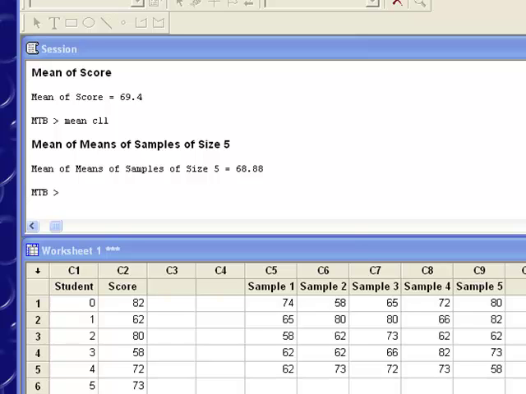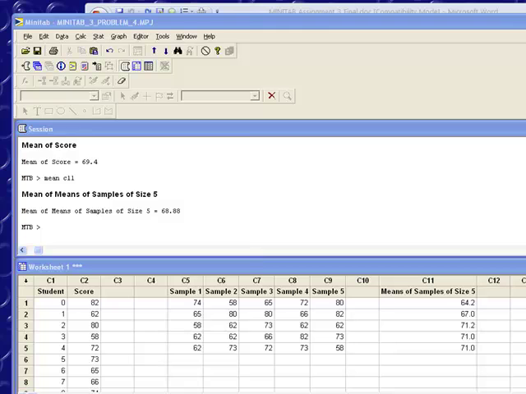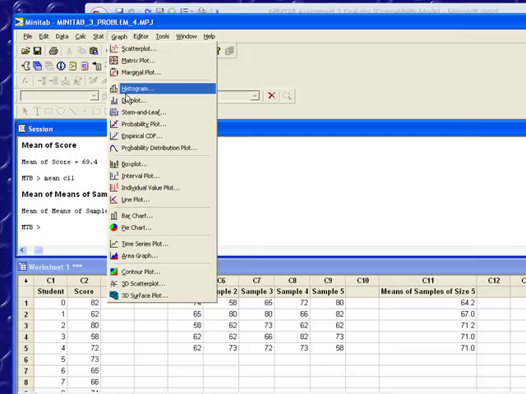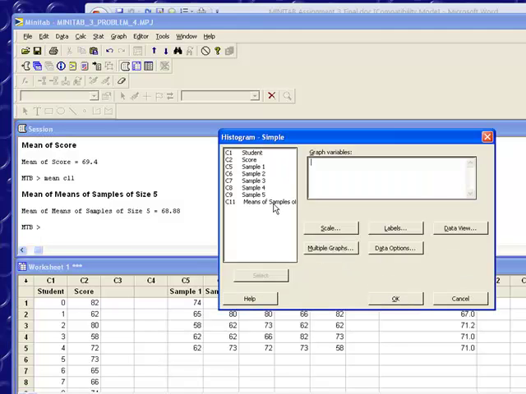We can see it with the numbers, but they want you to make a histogram. So very quickly, I'm going to go in here and do a histogram of the sample means.